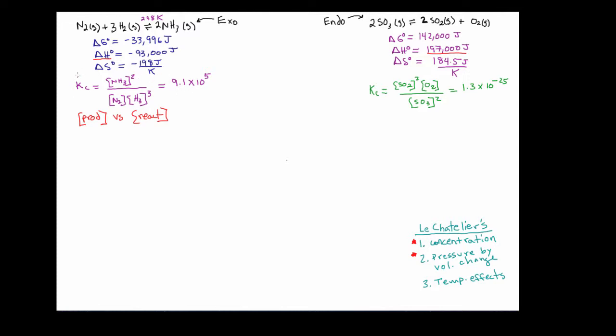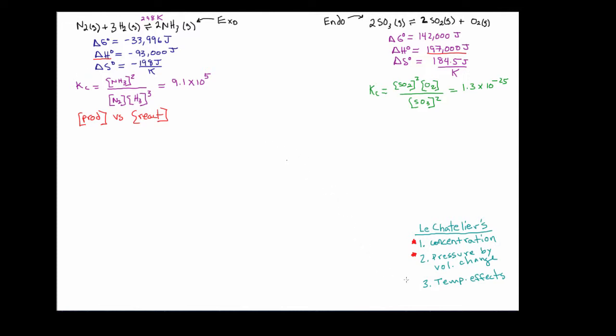So the equilibrium constant itself, in terms of Le Chatelier's principle, when we either alter the equilibrium position of a reaction by manipulating concentration or by causing a pressure change due to a volume change in the reaction, has no effect on the actual K value.